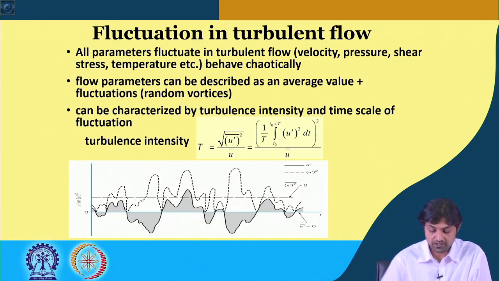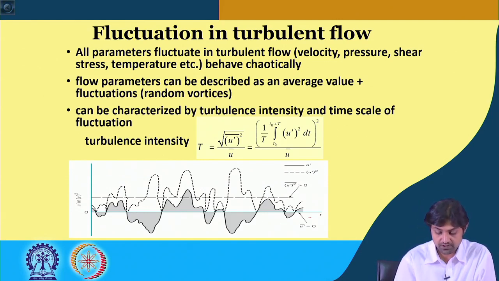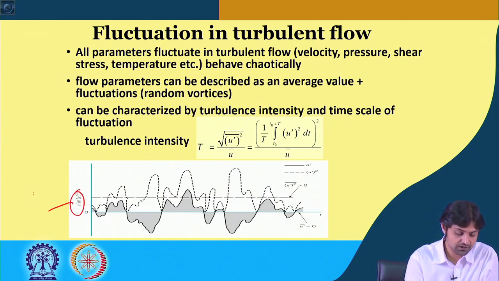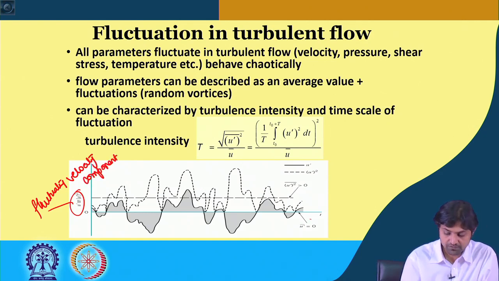You see we have plotted it again as a function of time, the fluctuations. Here it is not the average velocity, it is the fluctuating velocity component as a function of time.